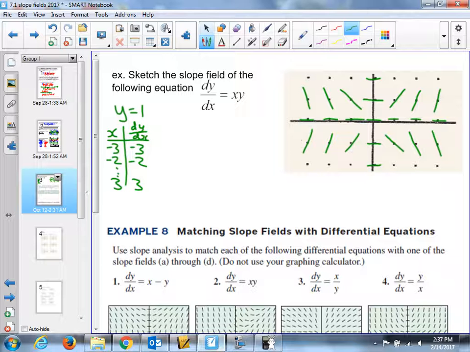You get the idea. Now the 2's, well, they double up all the slopes, right? So that's when y equals 2 up above. Negative 3, well, that'll be negative 6, negative 4, negative 2, and so on.